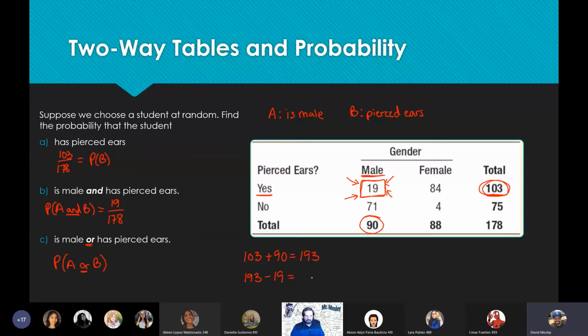And that leaves me with 174. That number works. That is less than my total. So we get for this one, P of A or B is 174 out of 178.